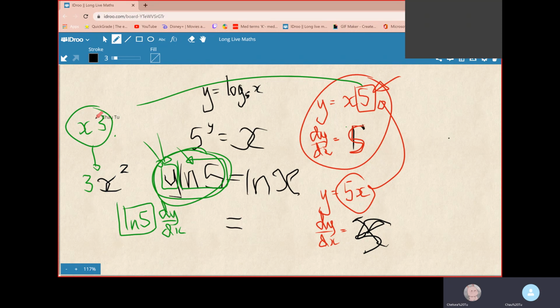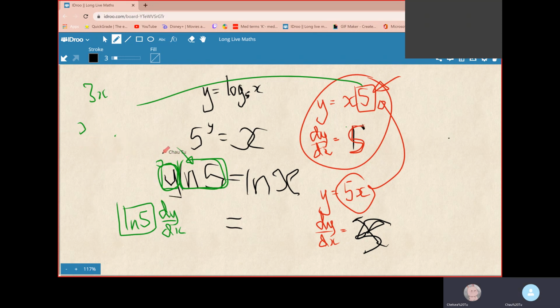This is your variable, this is your constant. So it's 3, ln5 dy by dx. So it's not really a product rule. You don't use a product rule just because this is a constant. Okay, Chelsea? Anyway, what now?